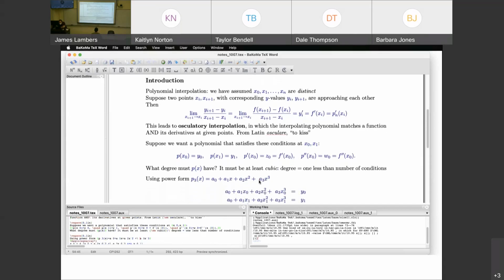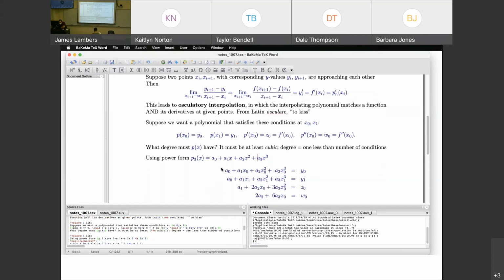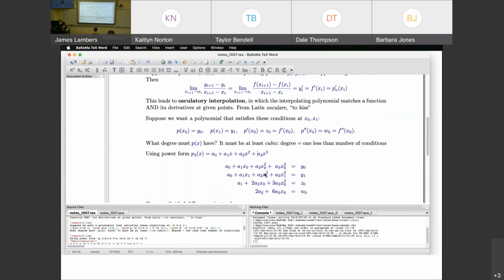So I go ahead and specify that my polynomial is of a general degree 3, and I'm just specifying it in power form. Okay. And now I can set up 4 equations in 4 unknowns, the coefficients A0, A1, A2, and A3.